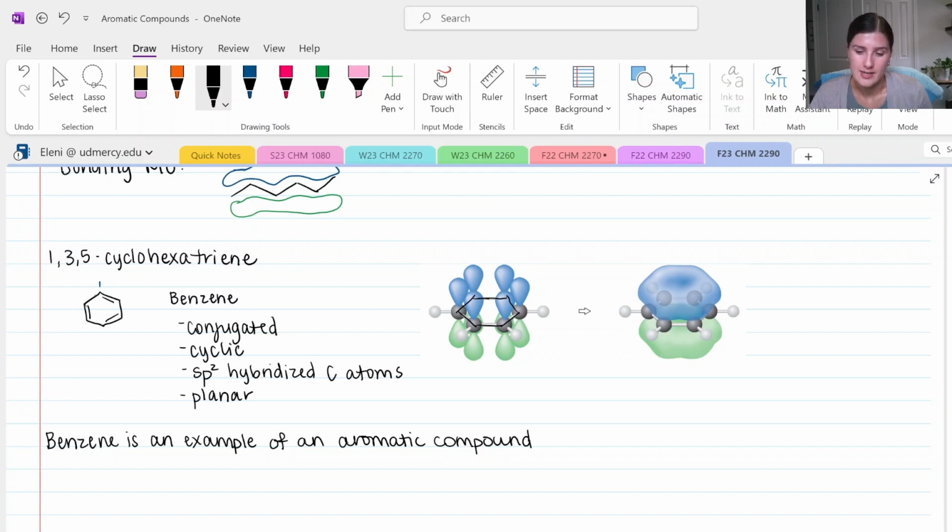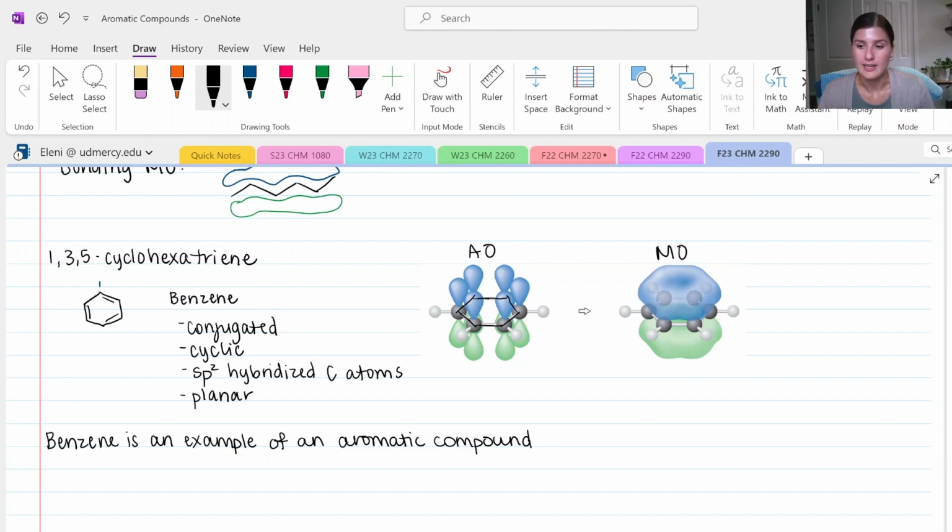And so you can see the molecular orbitals, here's the molecular orbital, this side is atomic orbitals. The p orbitals overlap across the whole top of the ring, or that one side of the ring, for the blue molecular orbital, and on the other side for the green. So this is something that occurs in all aromatic compounds.